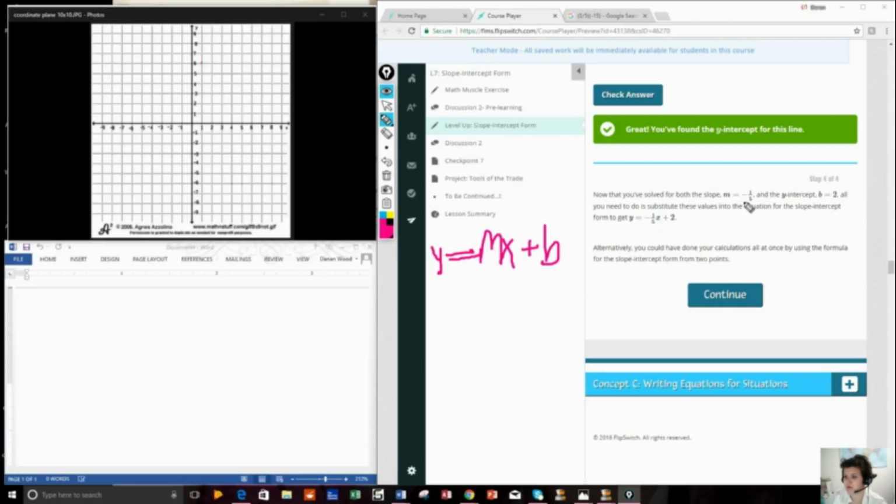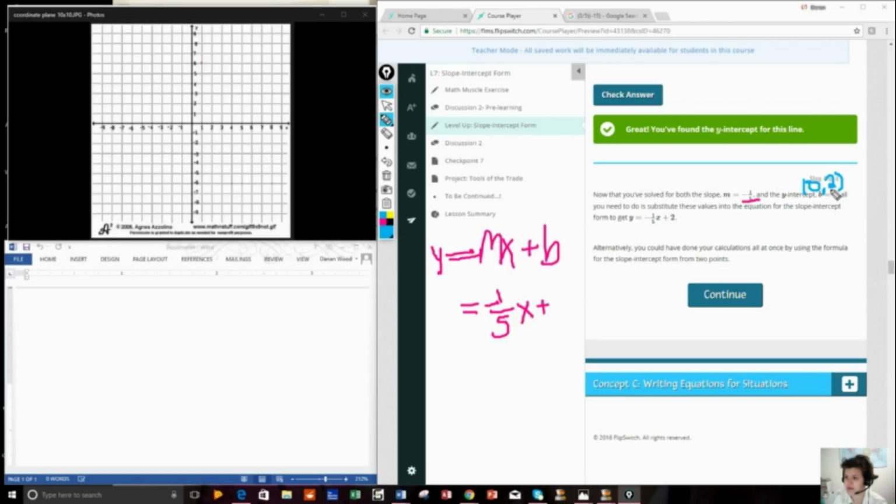And so, when you're given an m, you can replace it: -1/5 x plus, and they give you the y-intercept. The y-intercept is a coordinate, so this really should be (0, 2), and you'll probably see that later on.